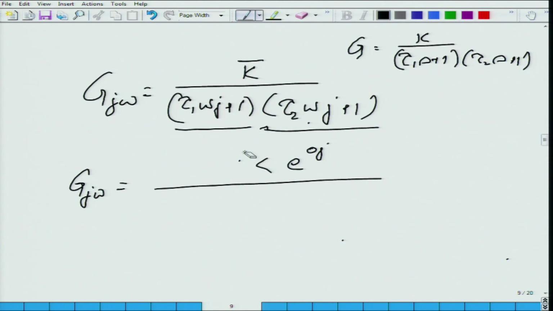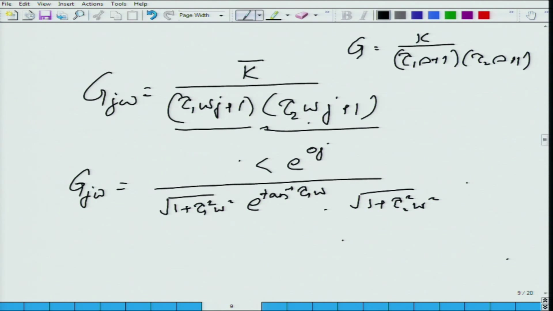And the first complex number will become, its magnitude is the square root of 1 plus τ1²ω², its angle is e to the power tangent inverse τ1ω times j; the second complex number has magnitude the square root of 1 plus τ2²ω², and its angle is e to the power tangent inverse τ2ω times j.